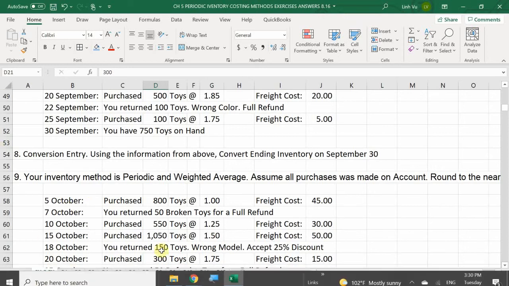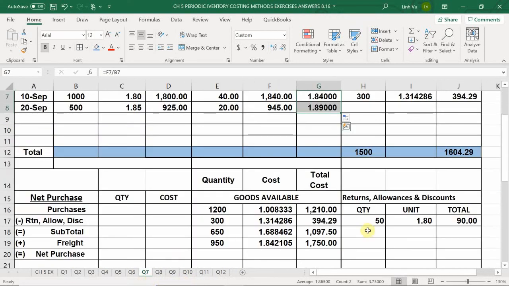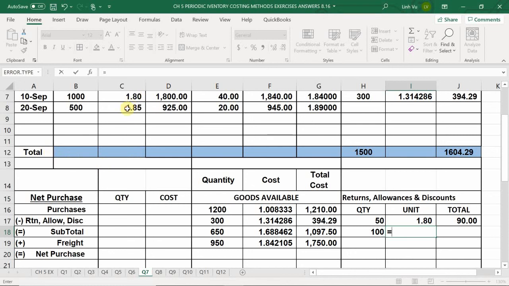Right? So in this case, we're going to go ahead and go to our table. We demanded a full refund for 100 toys. Now, at what unit price did I originally purchase this batch of inventory for? $1.85.